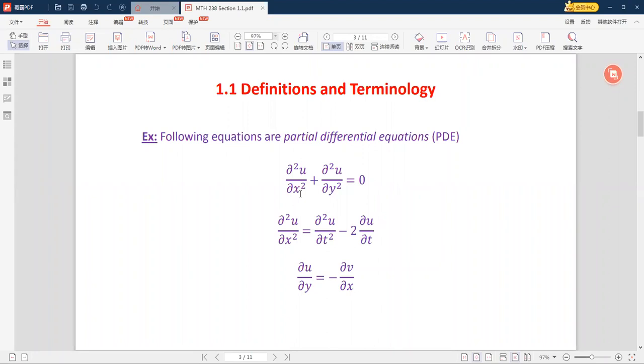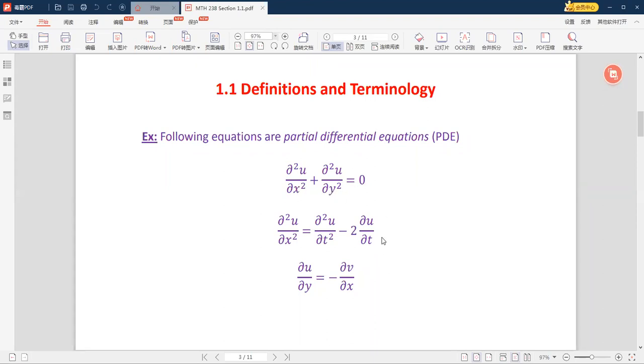When you take the derivative, you have to specify the derivative of a function with respect to x or y. So this is second order, you get the second partial derivatives with respect to x and y. So this is a partial differential equation.